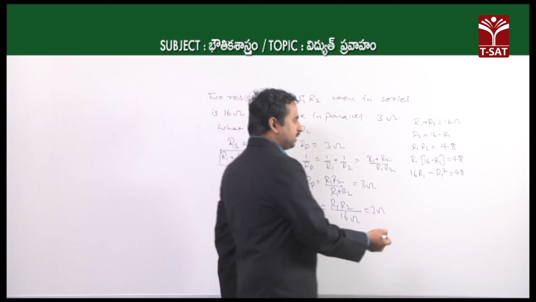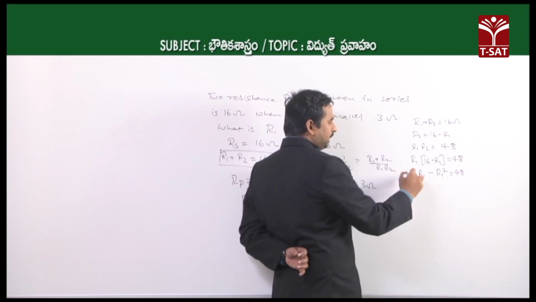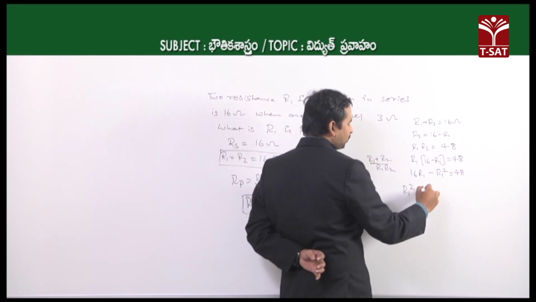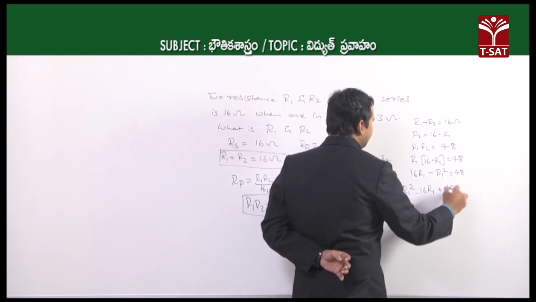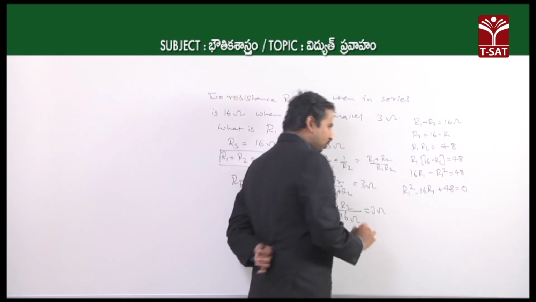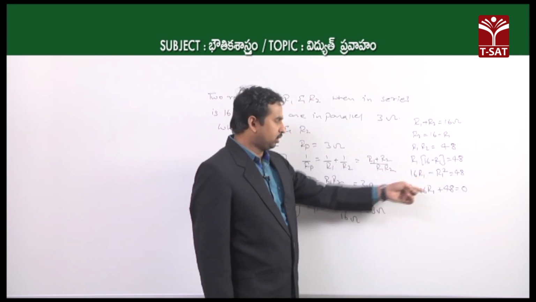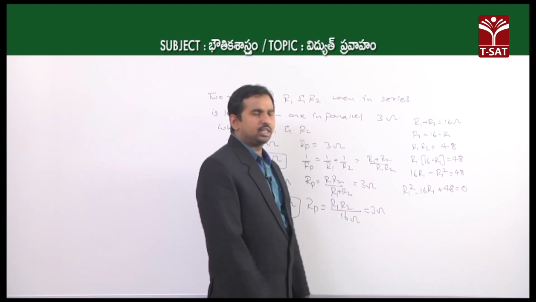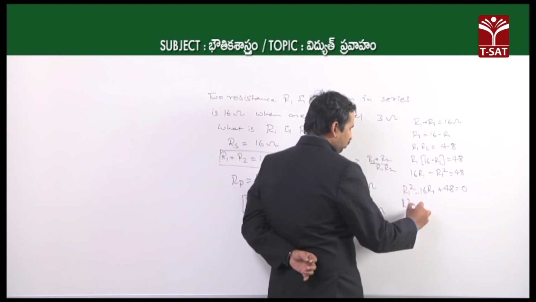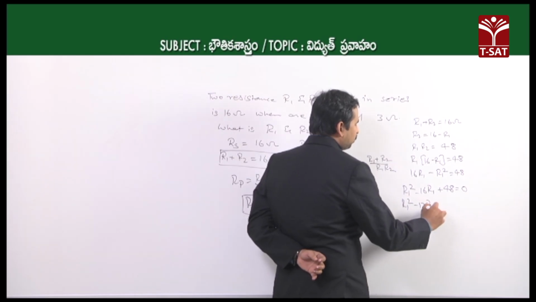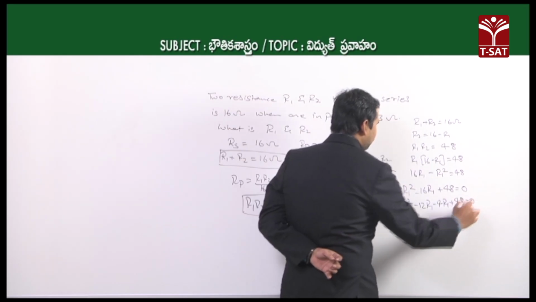If you bring that to the other side, then R1 square minus 16 R1 plus 48 is equal to 0. Then, taking the factors for 48, we can take 12 and 4, which is R1 square minus 12 R1 minus 4 R1 plus 48 is equal to 0.